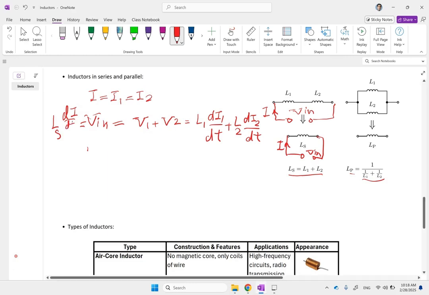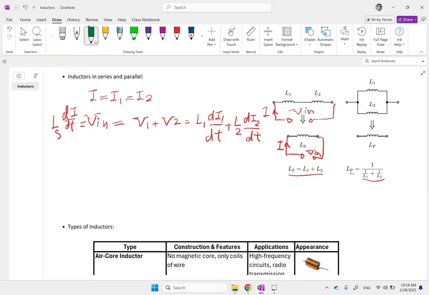Okay? And remember that the I's are the same. Since the I's are the same, their derivatives are also the same. So this di over dt and di1 and di2 over dt are all the same. And clearly you see that Ls is going to be L1 plus L2. Very obvious. Okay, that's for the series case.